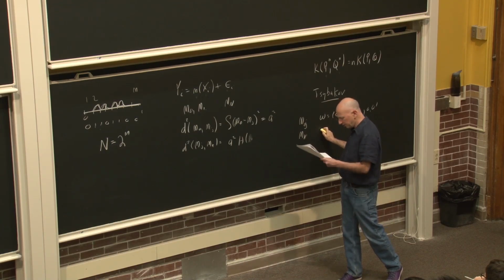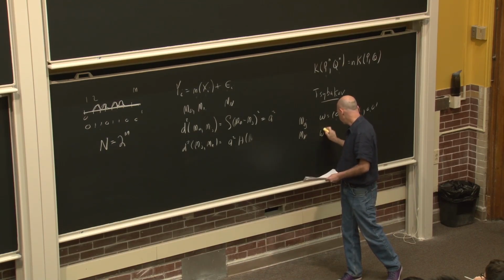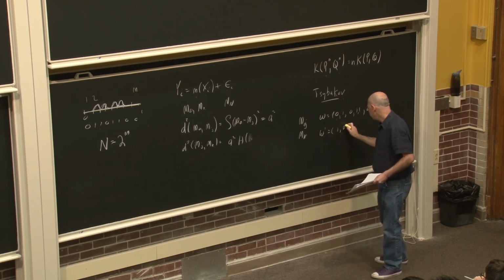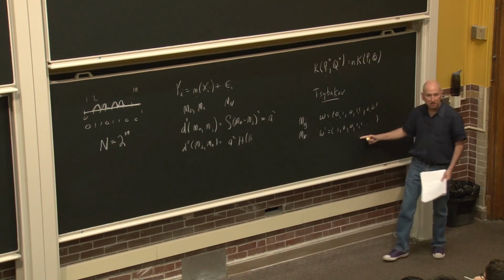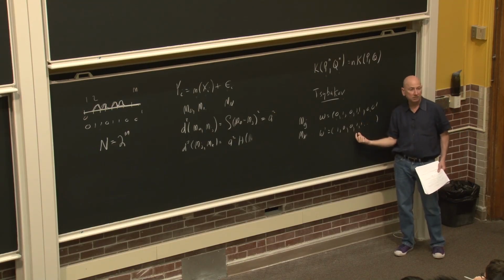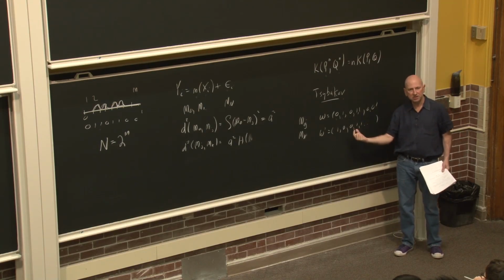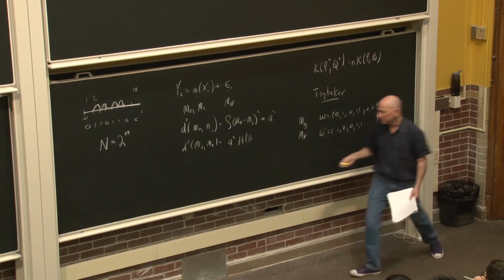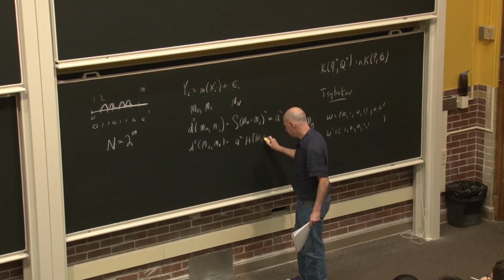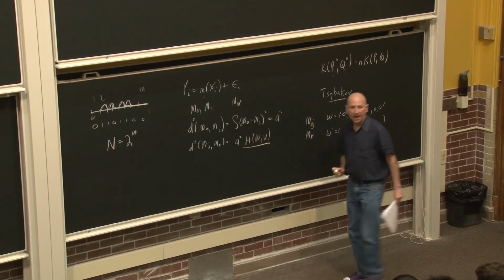Let's call it omega prime. It has a different bit sequence. And when I take the L2 distance, any bin where they agree, it's 0. Any bin where they disagree, it's a positive number, times the number of places where these 2 bit sequences differ. That's called the Hamming distance.